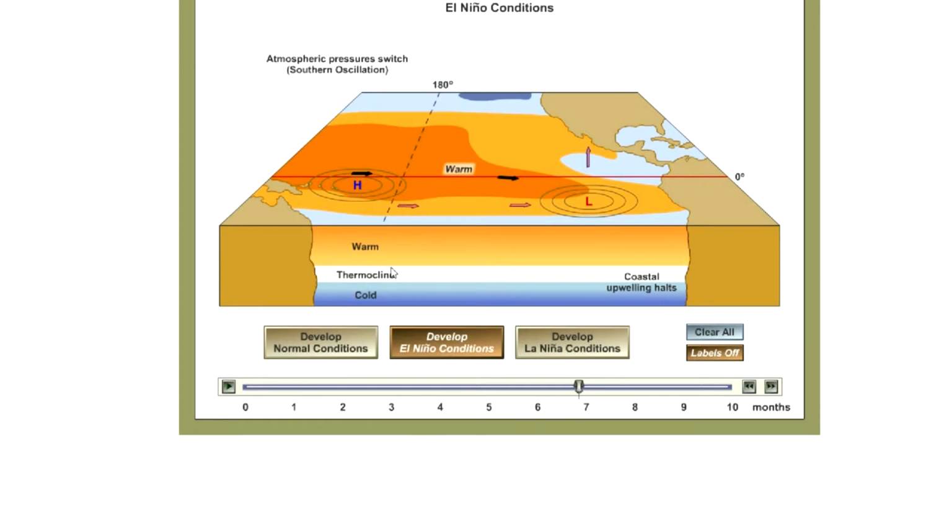Now it also creates another circulation cell, or atmospheric pressure switch, the southern oscillation, as it says here. It's the opposite of the process, where everything is fully reversed. Trade winds are going in the opposite direction, currents are going in the opposite direction, creating another Walker circulation.